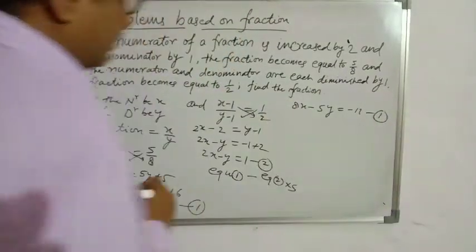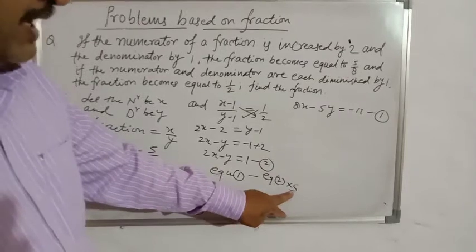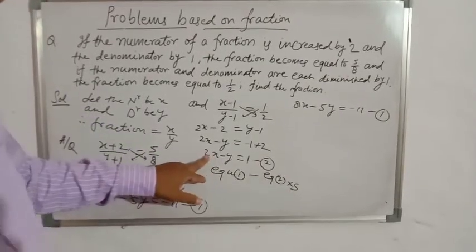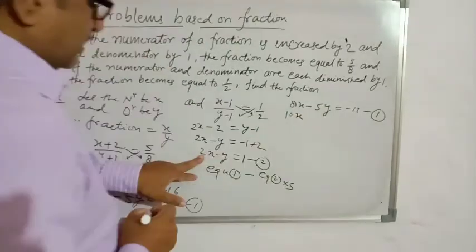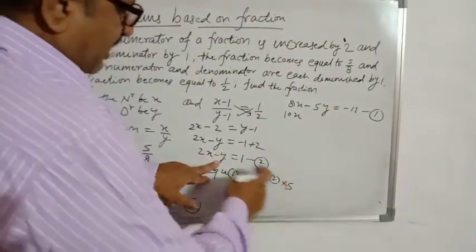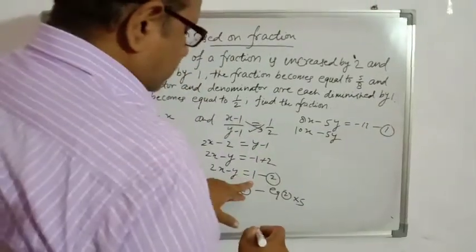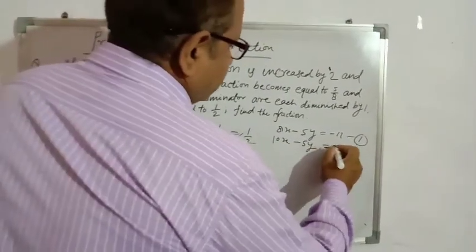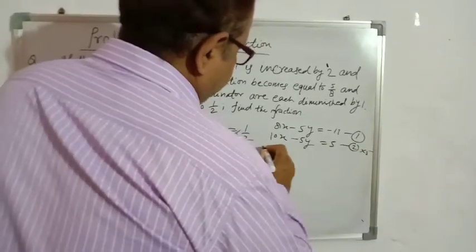This is equation number 1. And in equation 2 we will multiply by 5. So multiply here by 5. 5 into 2x, 10x, minus 5 into y, minus 5y is equal to right side 5 into 1, 5. It is equation number 2 multiplied by 5.